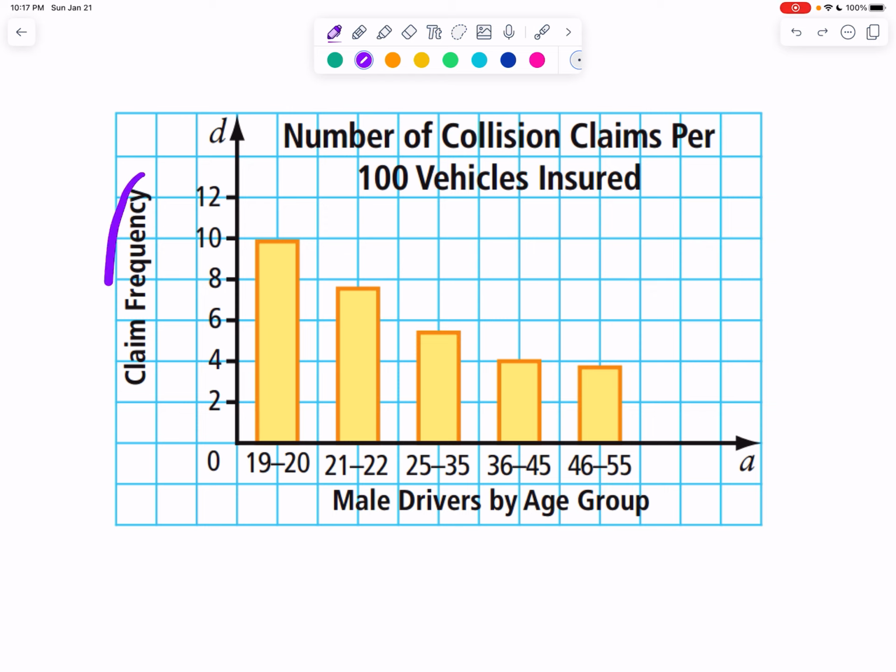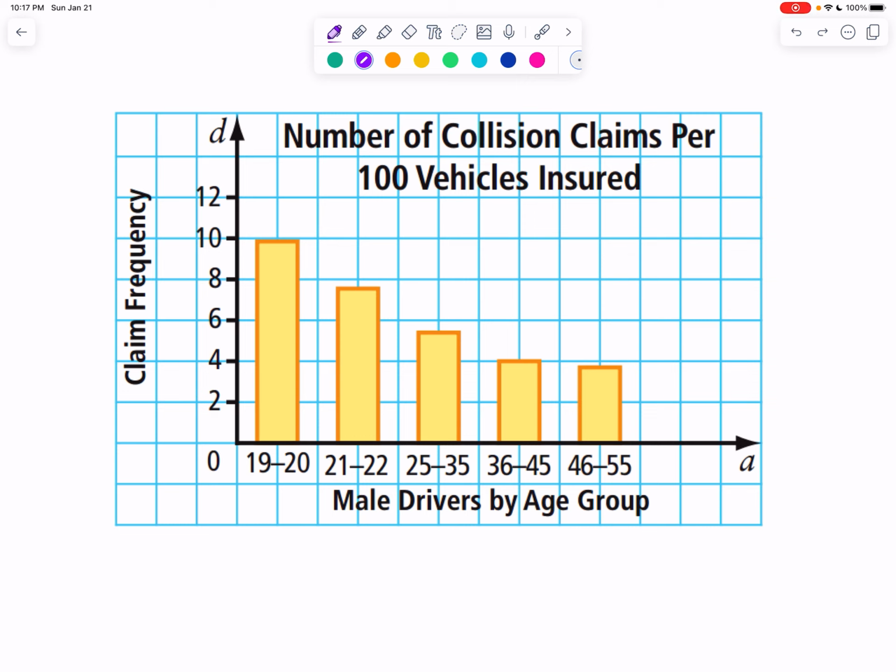And then on the vertical axis, the up and down axis, we have the number of claims. So if you get into a collision, you got to make a claim with your insurance company so that the damage can be paid for by that insurance company, and you paying your deductible so that the cars can be fixed or whatever damage is caused in the collision can be fixed.